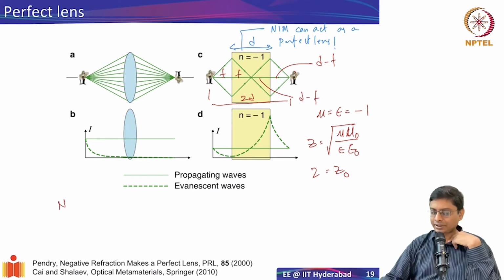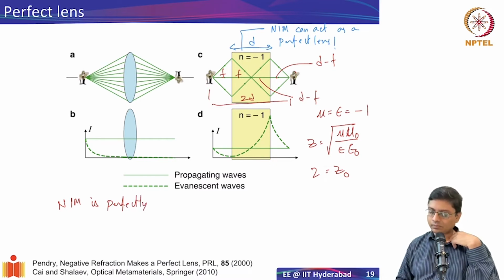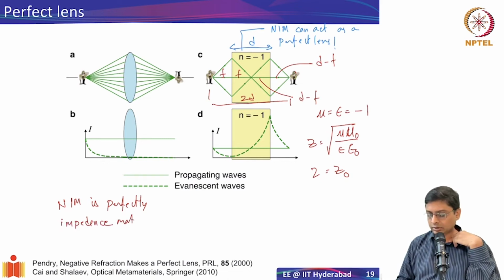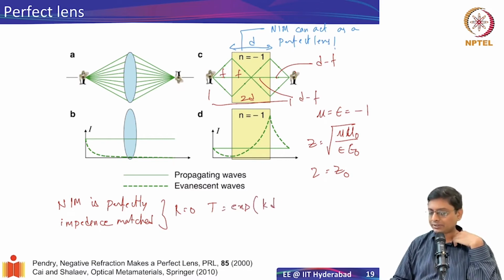What this means is reflection is going to be 0, and the transmission through the material is given by exponential k times the distance d.